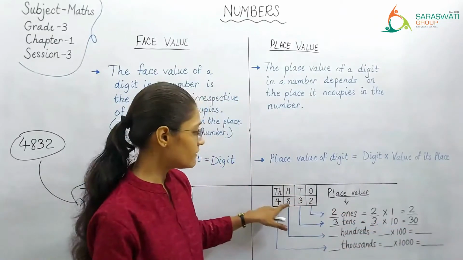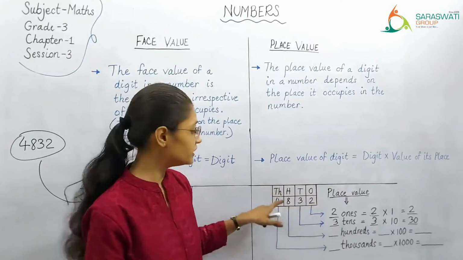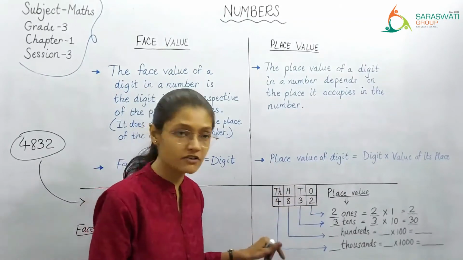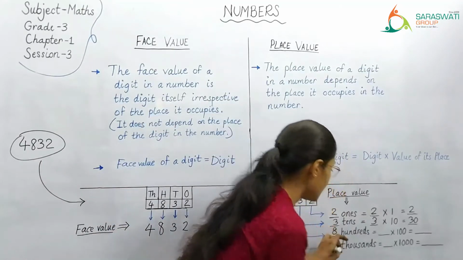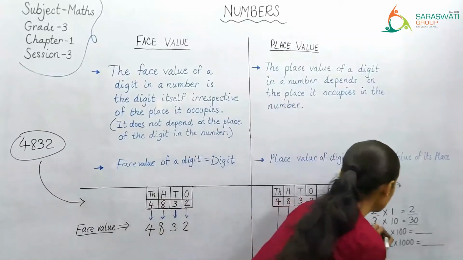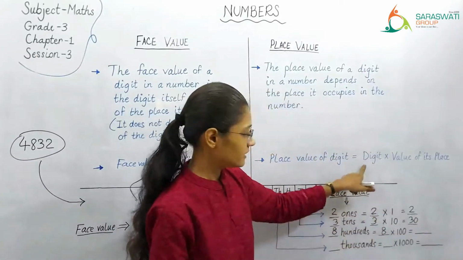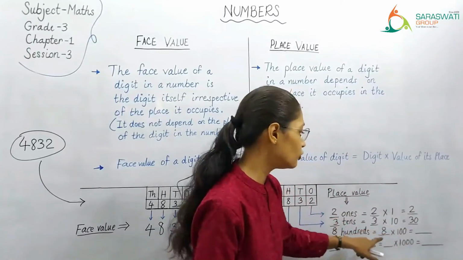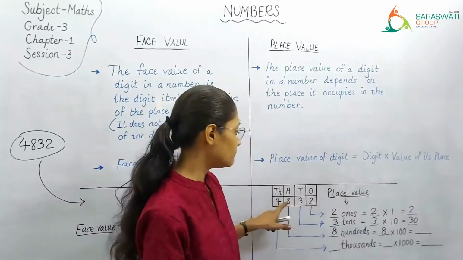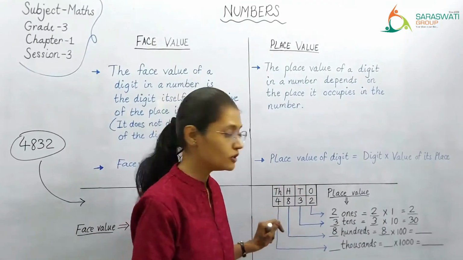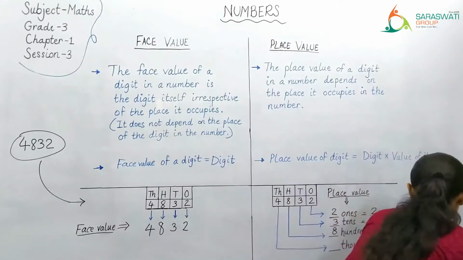Then the place value of digit 8 in this number, which is at hundreds place. So how many hundreds do we have in this number? 8 hundreds. So 8 hundreds, which is equal to 8 times 100. 8, the digit multiplied by value of hundreds place, that is 100. So that is 800. So the place value of digit 8 in the number 4832 is 800.